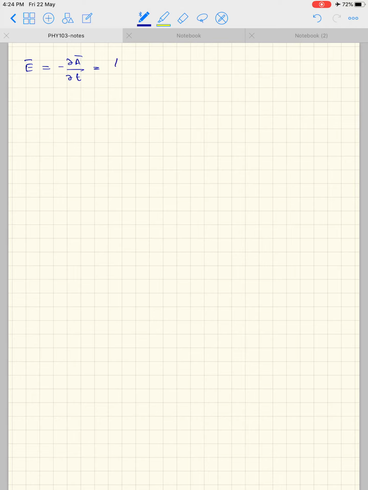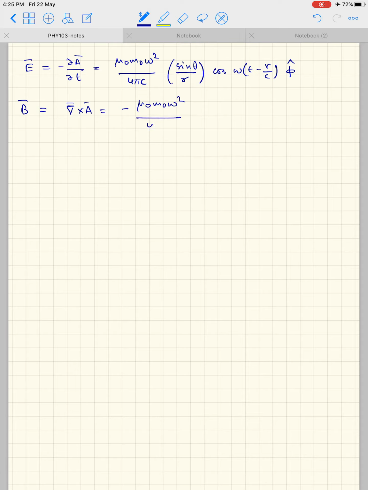So this is mu naught m naught omega squared by 4 pi c sine theta over r cos of omega t minus r over c, phi cap. B is curl of A. This is minus mu naught m naught omega squared over 4 pi c squared sine theta over r cos of omega t minus r over c, theta cap.